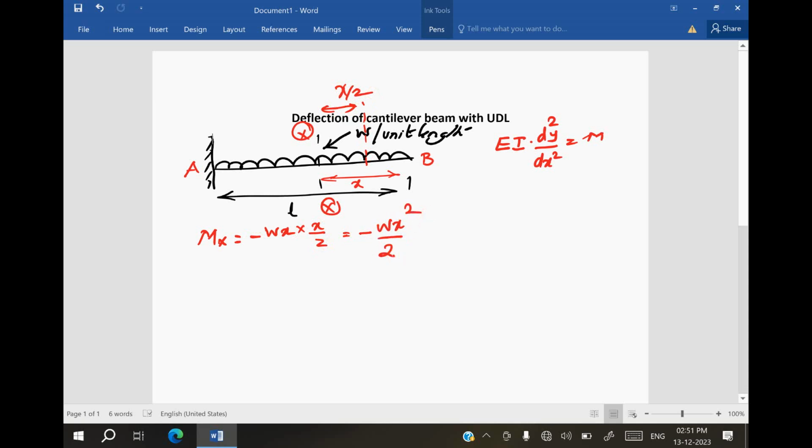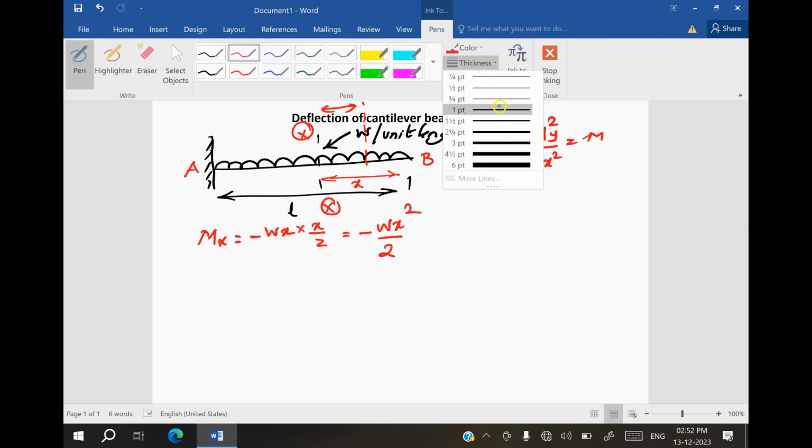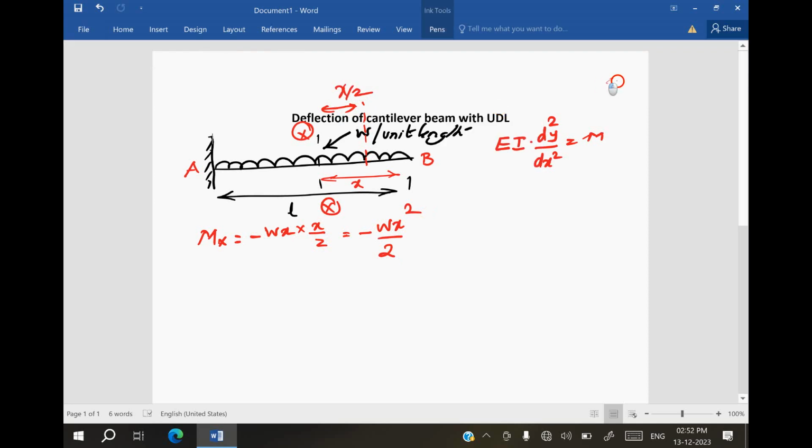Now let us equate the above two equations. Now I will do the integration. So EI into d square y by dx square is equal to minus wx square by 2.